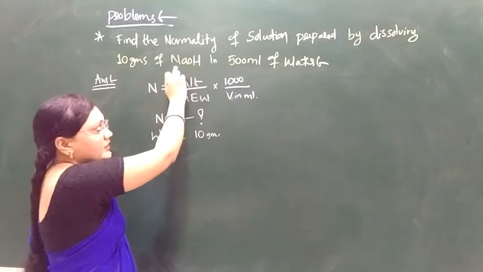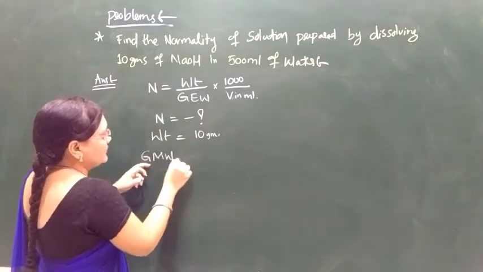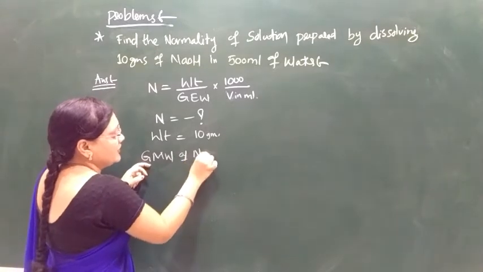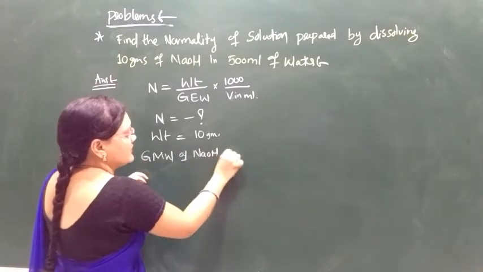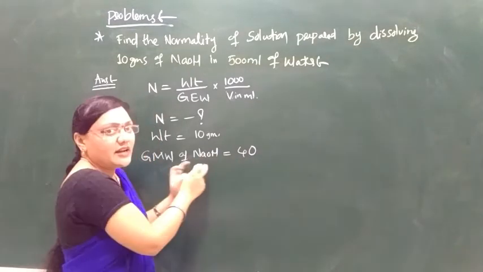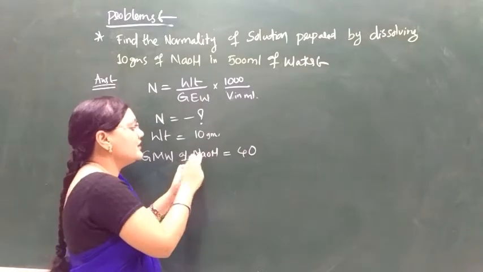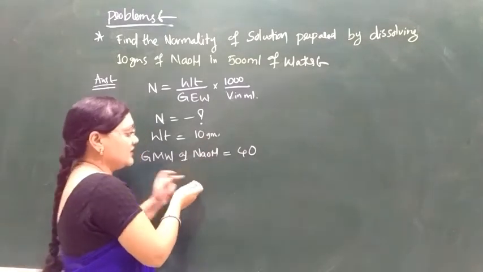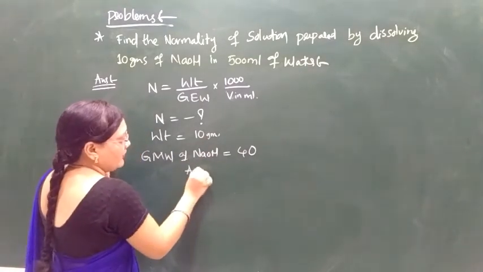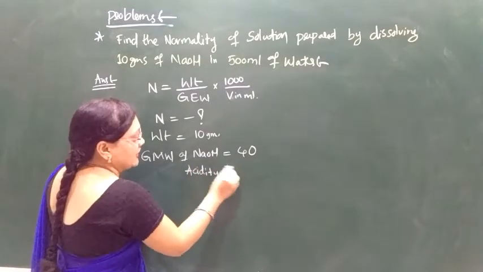Sodium hydroxide: GMW of NaOH, this is a base. Molecular weight is 40. The gram equivalent weight of a base is molecular weight by acidity. Acidity means how many hydroxyl ions are present in the molecule.